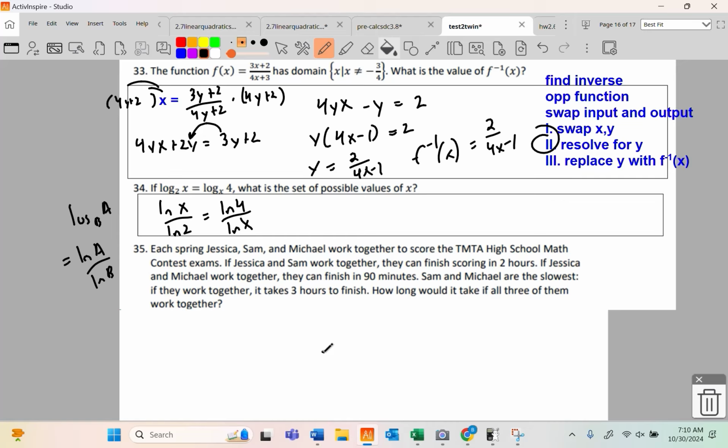This is a challenging little problem because it's a work problem. So it's a very rough little problem. I wish it was as easy as saying J plus S equals 2 and J plus M equals 1.5, S plus M is 3.